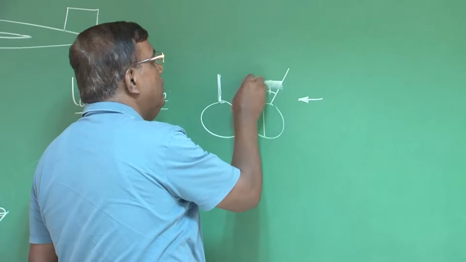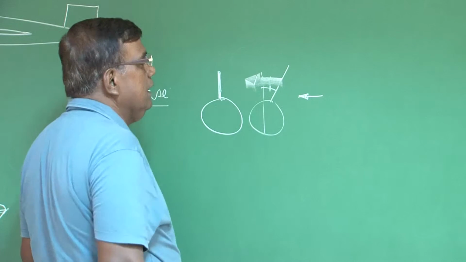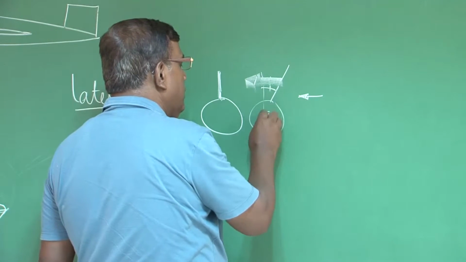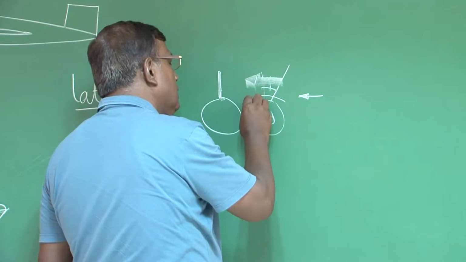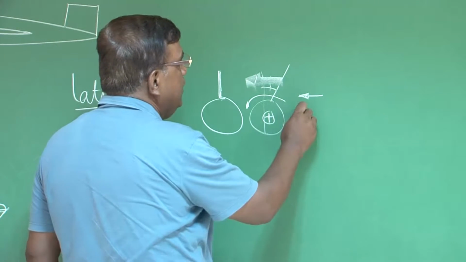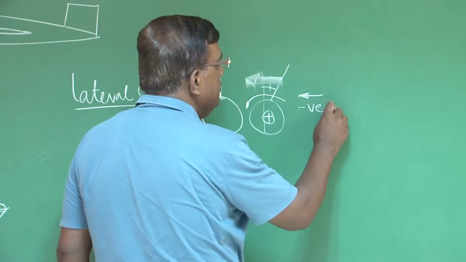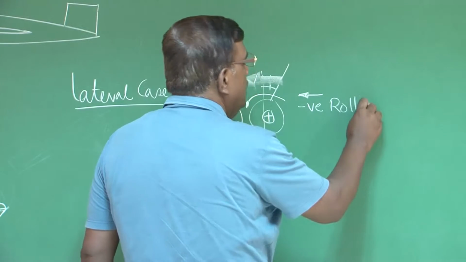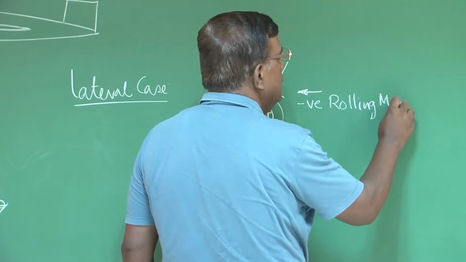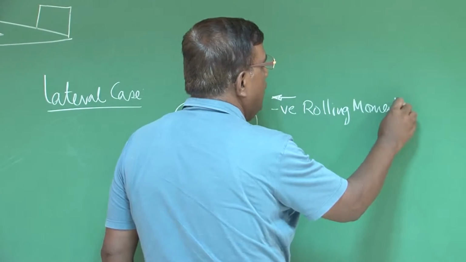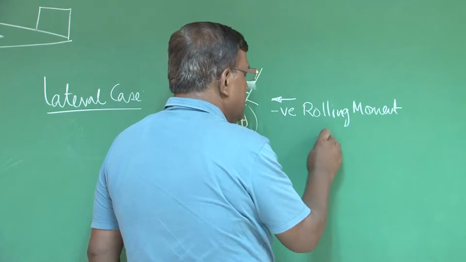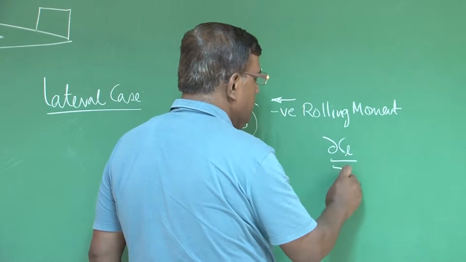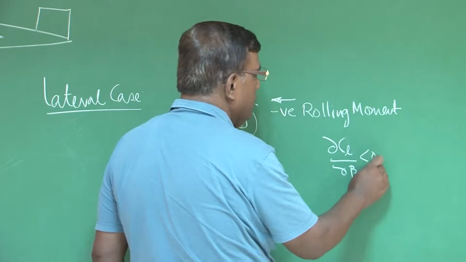This will give a force on the vertical tail, that will give a moment about the center line, which is a negative moment or negative rolling moment. And in non-dimensional form, we said dCl by d beta less than 0.